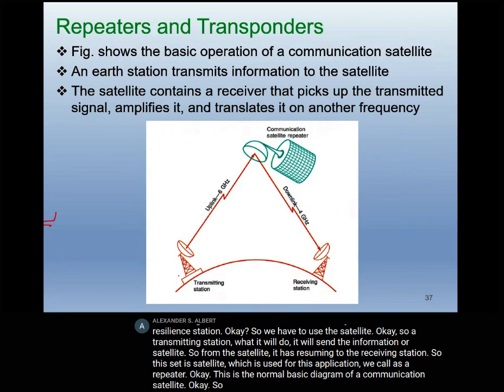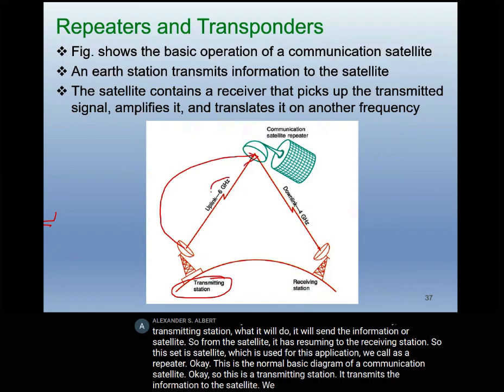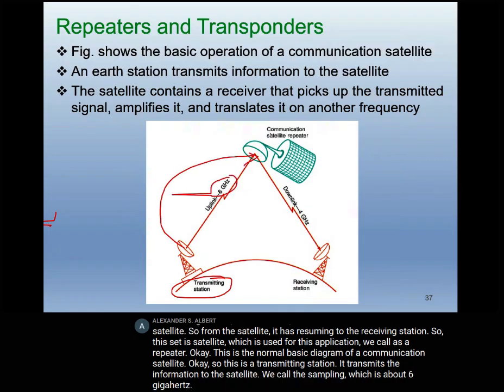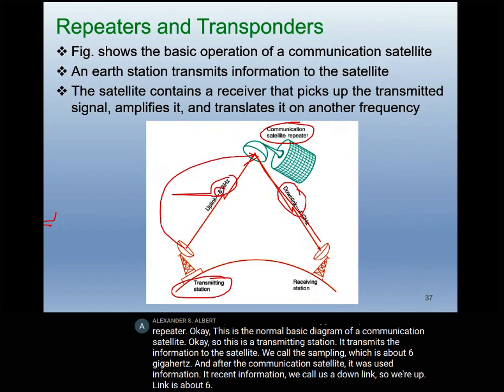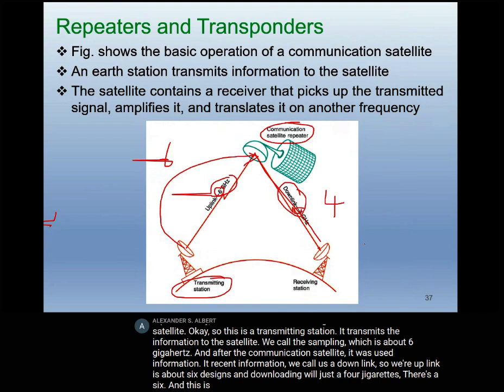This is a transmitting station. It transmits the information to the satellite. We call this the uplink, which is about 6 GHz. After the communication satellite receives the information, it resends the information. We call that the downlink. The uplink is about 6 GHz and the downlink is 4 GHz, and it is received at the receiving station.